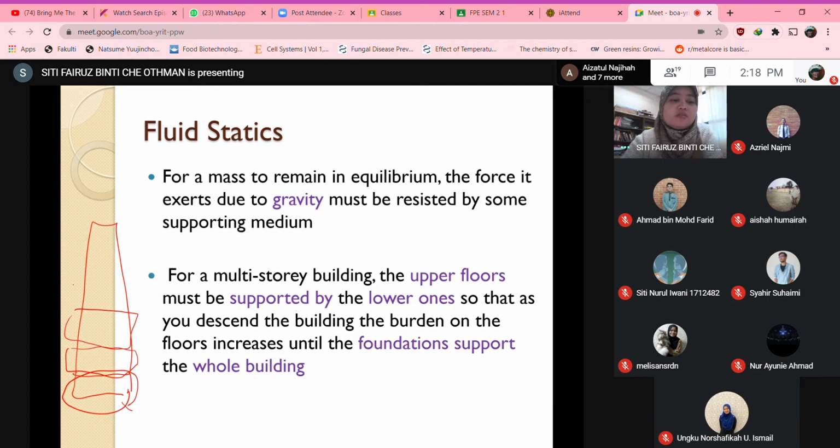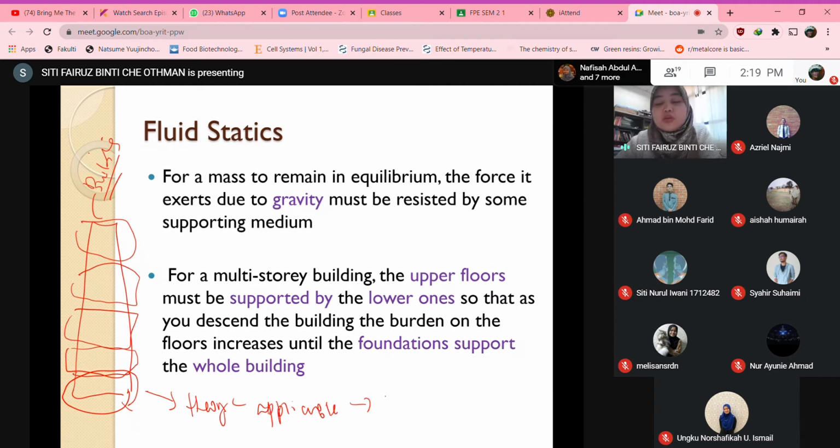So this is similar to a building. This particular theory is also applicable when you want to solve for storage of your material, especially fluid. Usually for fluid you will store it in a tank.